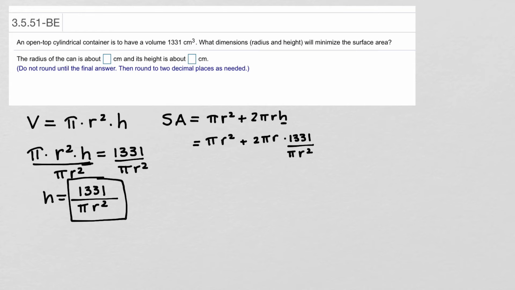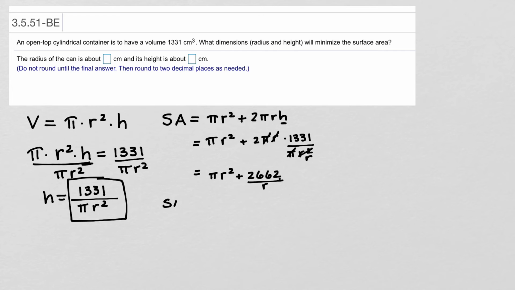Okay, I can cancel the pi. I can cancel this r with one of these r's. So now I have the surface area is pi r squared plus 2 times 1331, and that's 2662 over r.